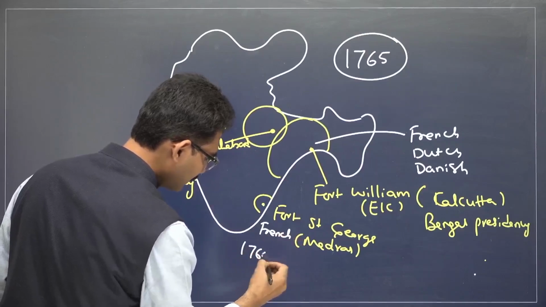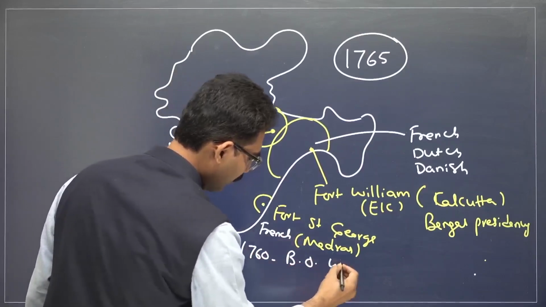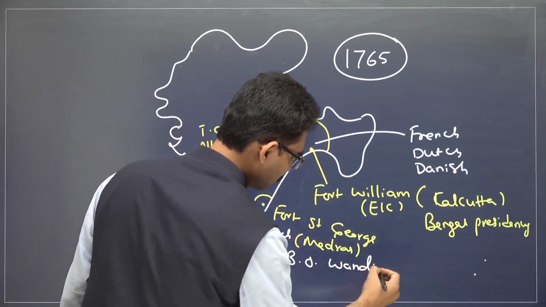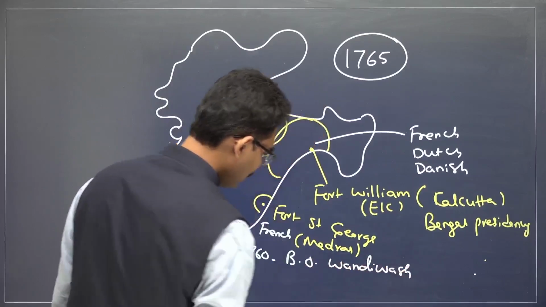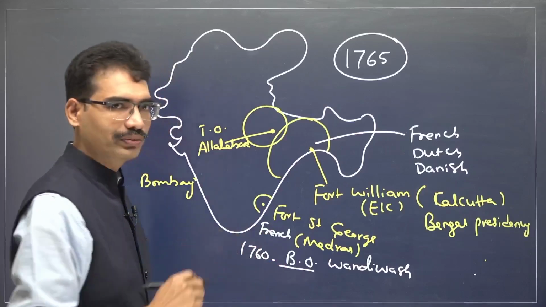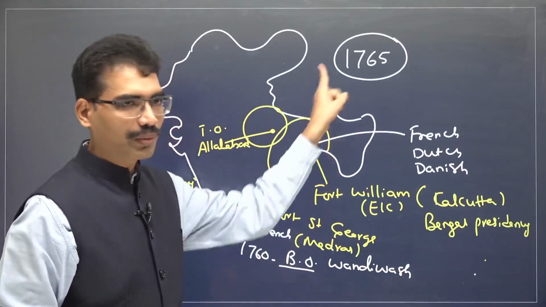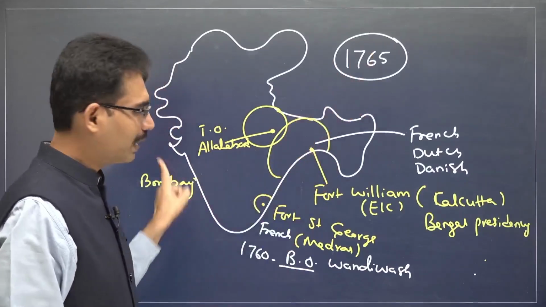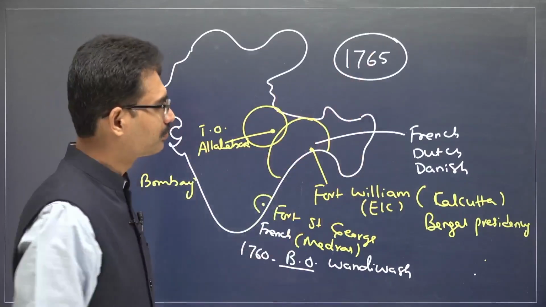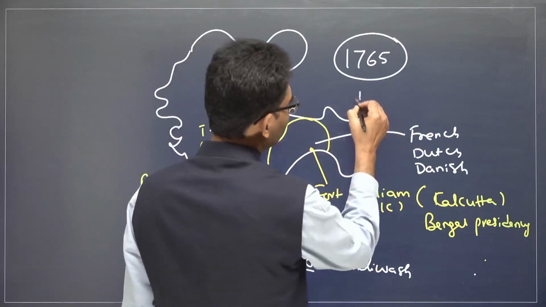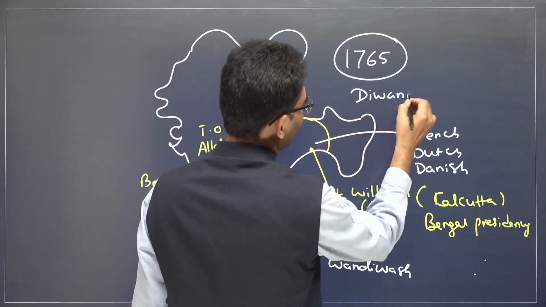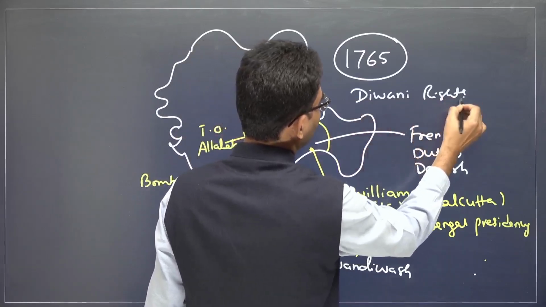But in 1760, the Battle of Wandiwash. Connect all the dots. With the Battle of Wandiwash, the French were completely defeated. Here also they became powerful. Now they got the opportunity to get the signature directly from the Mughal Emperor. They have taken Diwani rights and civil justice.